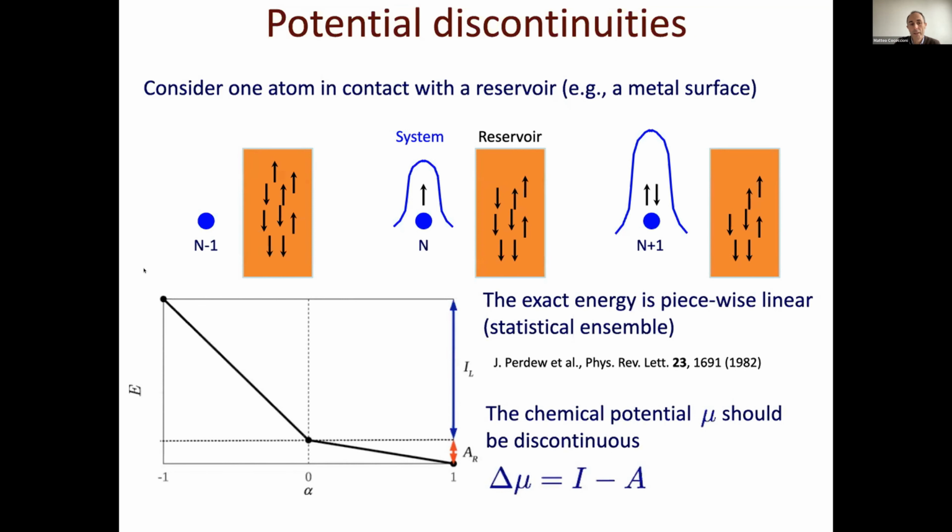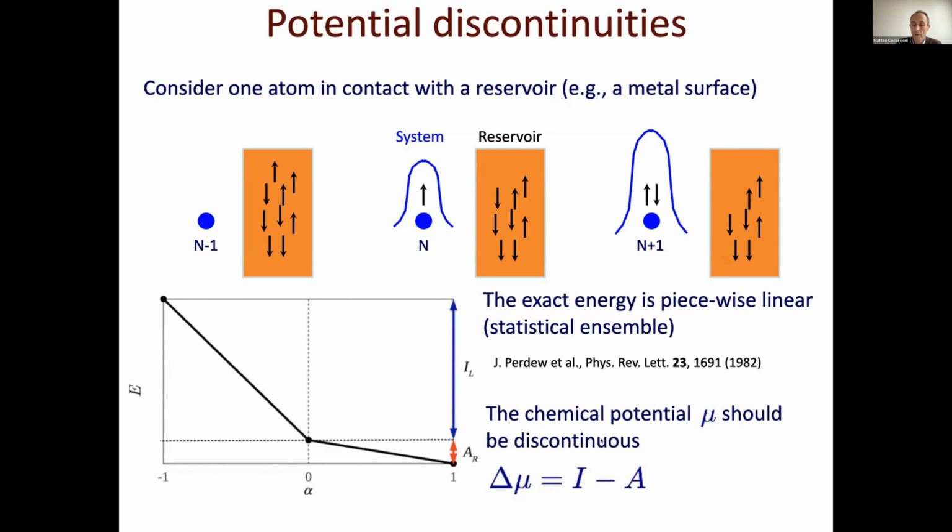The chemical potential is basically the slope of these segments, and the difference in the slope at the integer occupation has an important physical meaning, that is the fundamental gap of the system, basically the difference between ionization potential and electron affinity, which you miss if instead you have an analytic behavior of the energy with respect to the number of electrons, as you have in the standard approximation of DFT. And that's basically the reason why we always get an underestimation of the band gap.